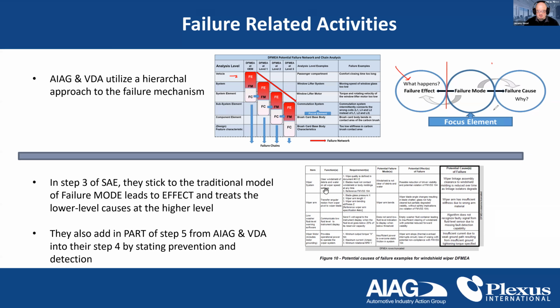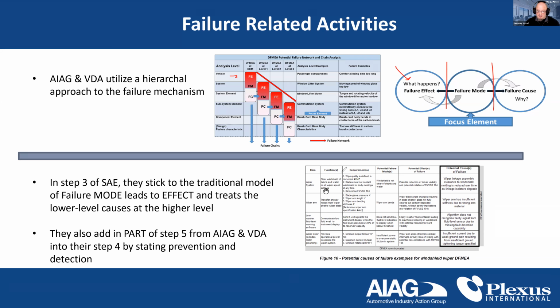And the reason why I took you through that is because from the manual, that's pretty much what this graphic is saying here. And they kept the failure chain very, very structured so that you always have a causal relationship. Now, in contrast, the SAE sticks to the more traditional model of the mode leading to the effect.